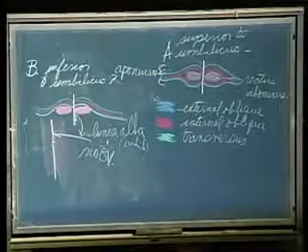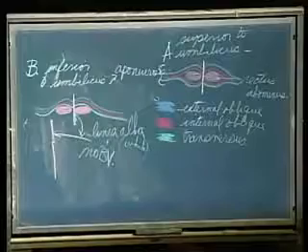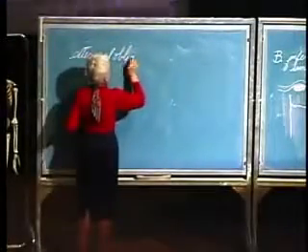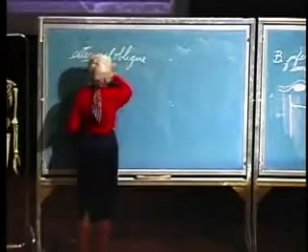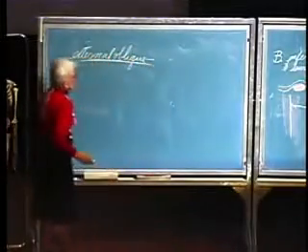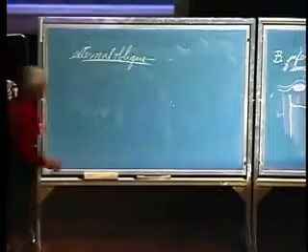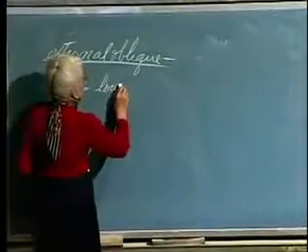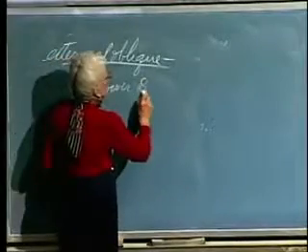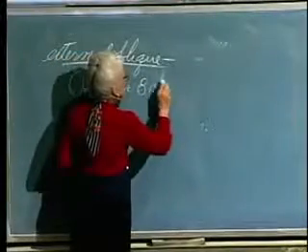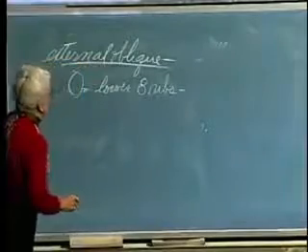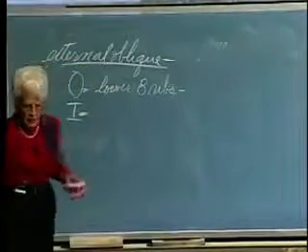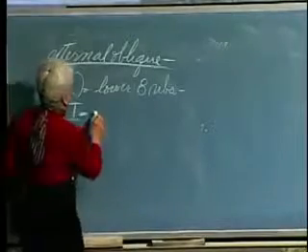So I'm going to take the external oblique, and it will originate from the lower 8 ribs and will insert in the linea alba.